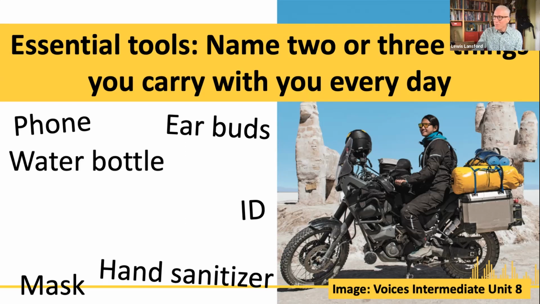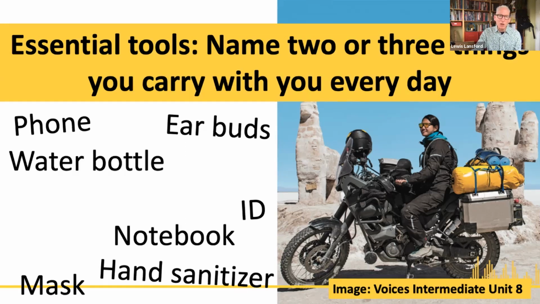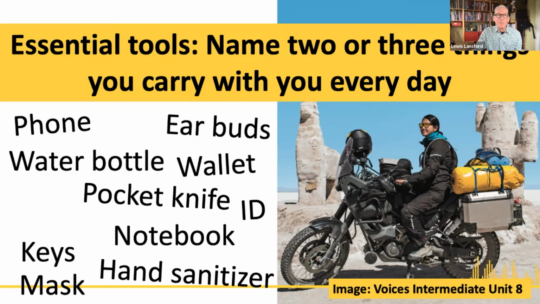A water bottle, many people carry every day. A notebook. I try to carry a notebook to just keep track of the list of things I have to do. Diary, yeah, pen. I'm looking over here, my chat window is over here. So these are things that we just automatically carry with us every day because they're incredibly useful.